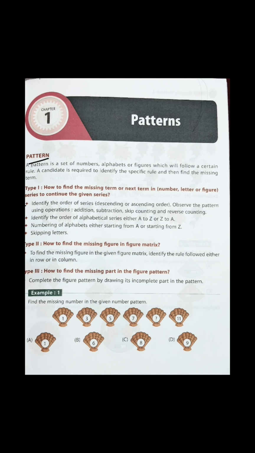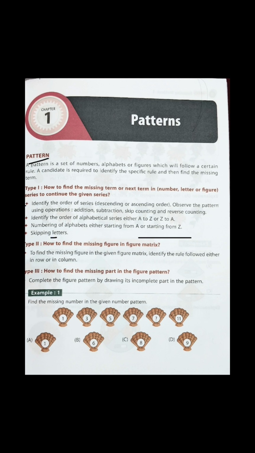Observe the pattern using operations, addition, subtraction, skip counting, and reverse counting. Identify the order of alphabetical series, either A to Z or Z to A. Numbering of alphabets, either starting from A or starting from Z.